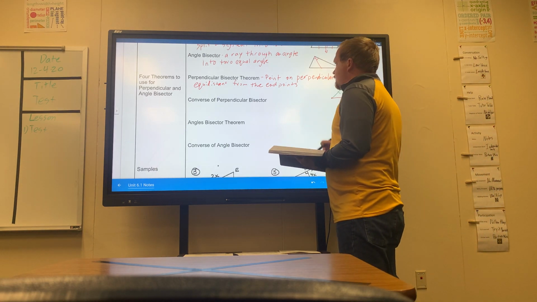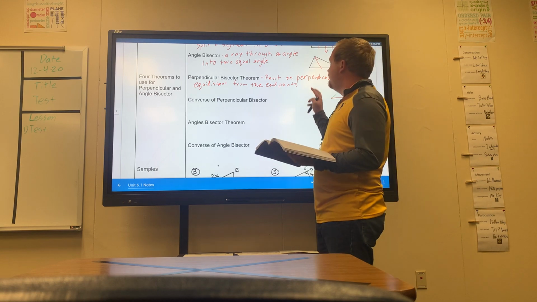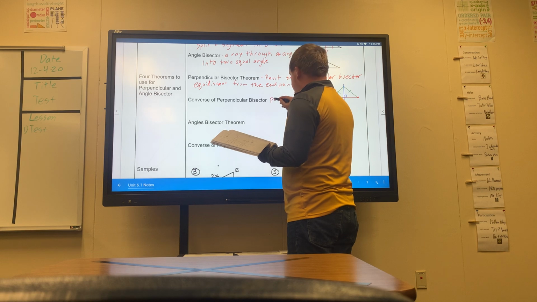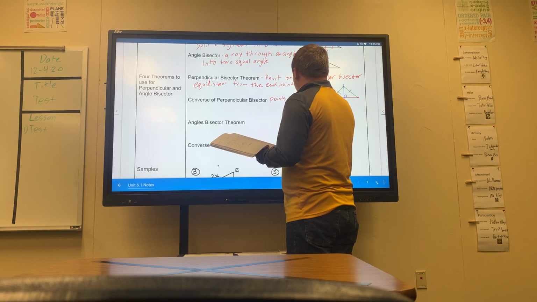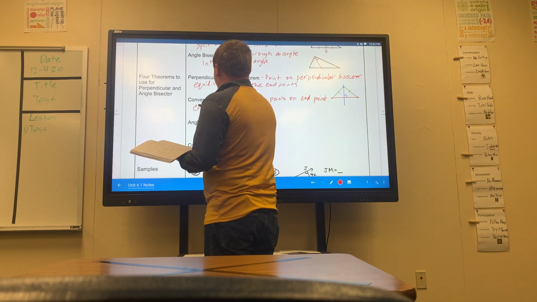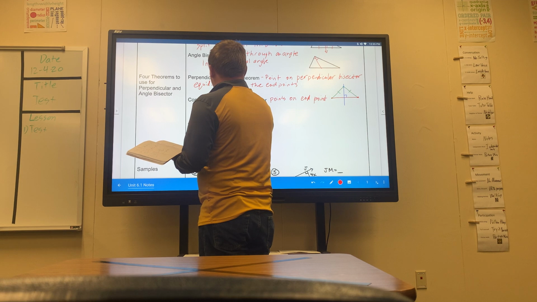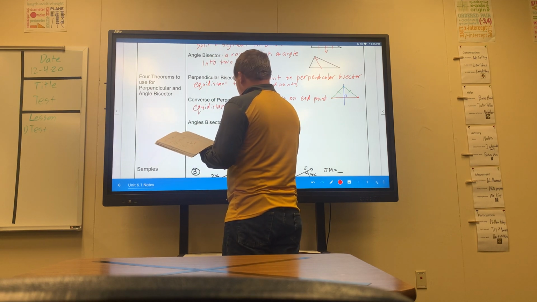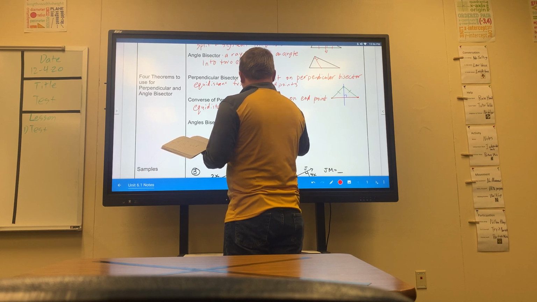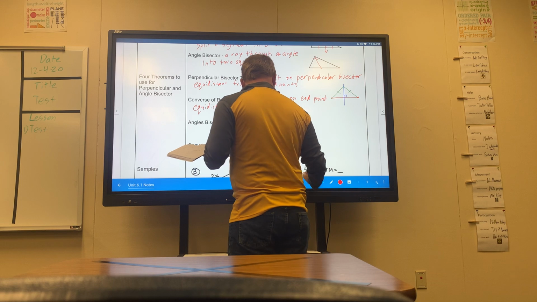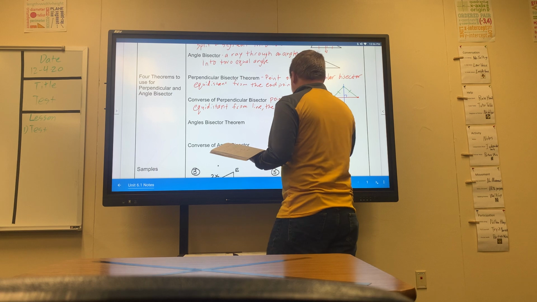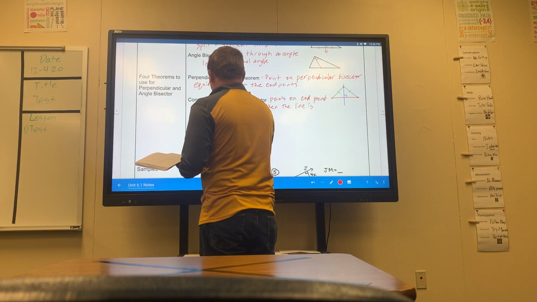Now, the converse of it is basically the reverse of it. So basically, if I have points on an endpoint equal distance from the line, then the line is a perpendicular bisector.